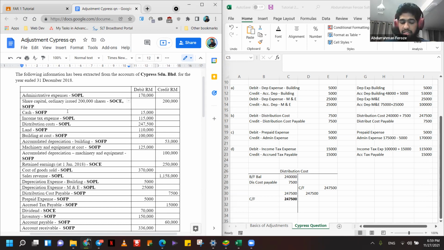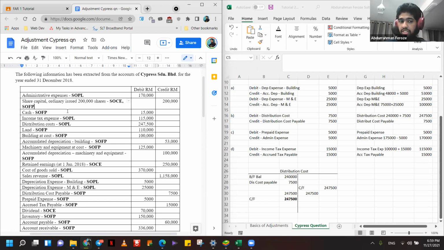Likewise, for each category, the expenses and the income go into the SOPL, which is the profit and loss statement, and the assets and liabilities go into the SOFP, which is the statement of financial position.